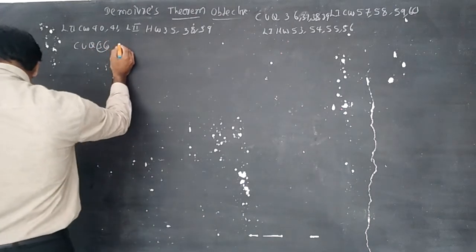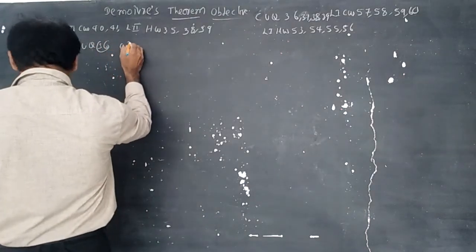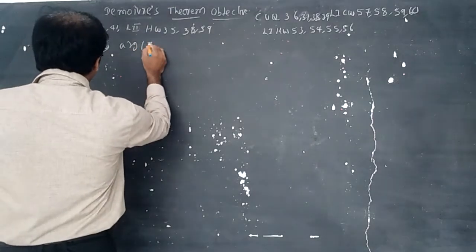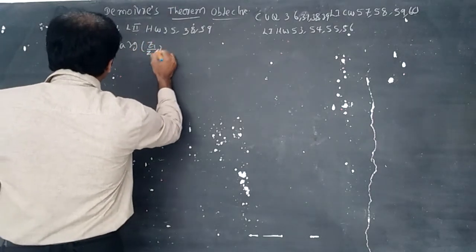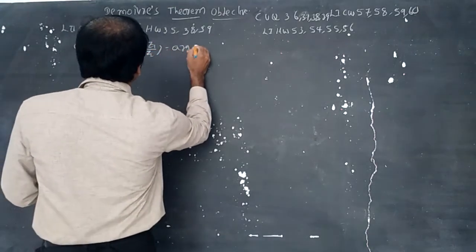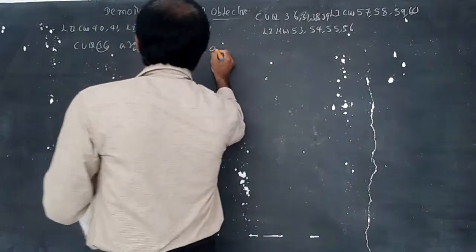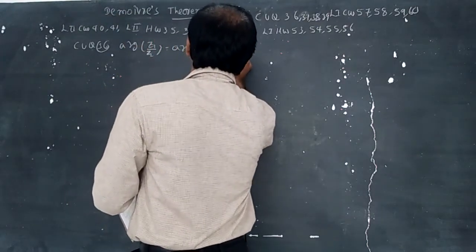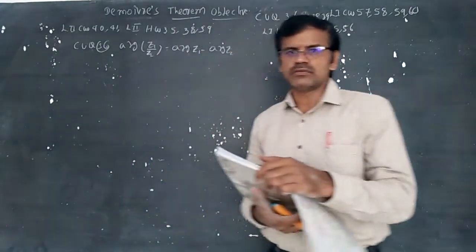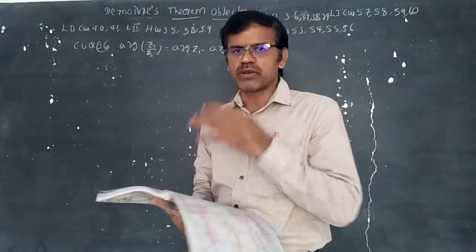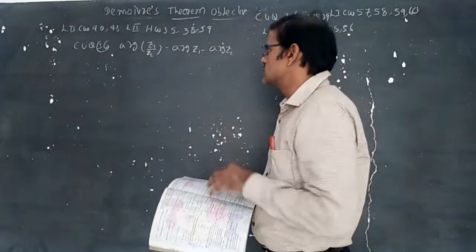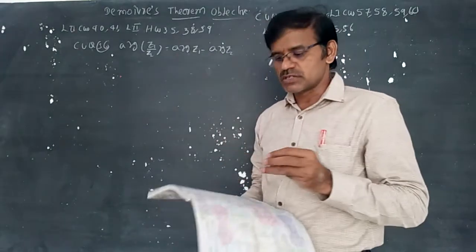If z1, z2 are nth roots of unity, then argument of z1 by z2 is nothing but argument z1 minus argument z2, whereas argument of z1 times z2 is argument z1 plus argument z2. Here it is argument z1 minus argument z2.